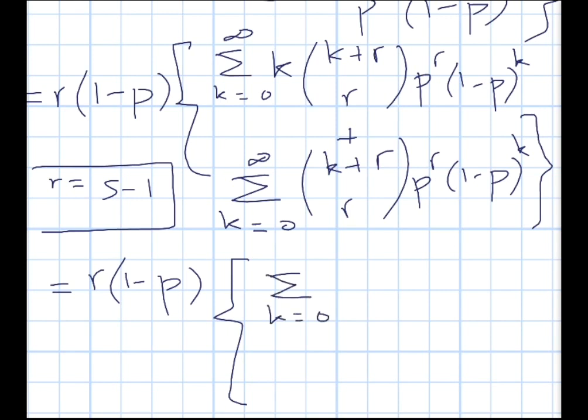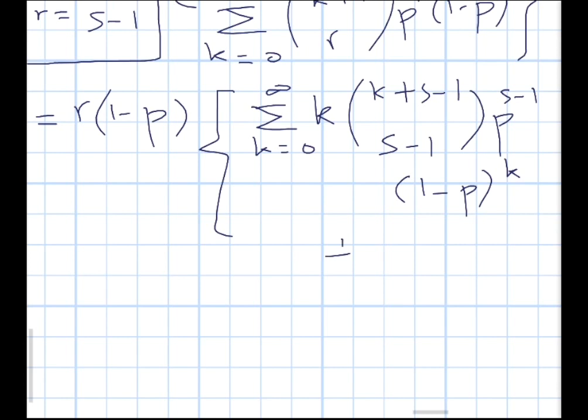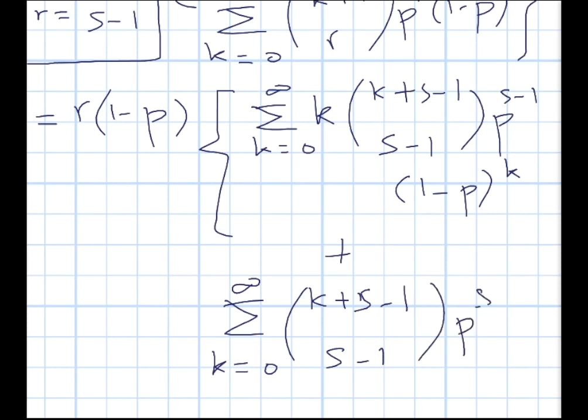So the sum from k equals 0 to infinity of k times (k plus s minus 1 choose s minus 1) p to the s minus 1 (1 minus p) to the k, plus the sum from k equals 0 to infinity of (k plus s minus 1 choose s minus 1) p to the s minus 1 (1 minus p) to the k.